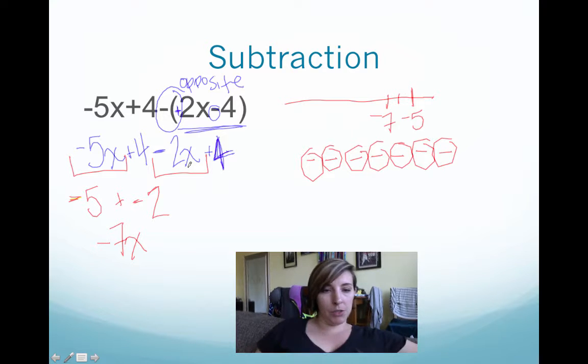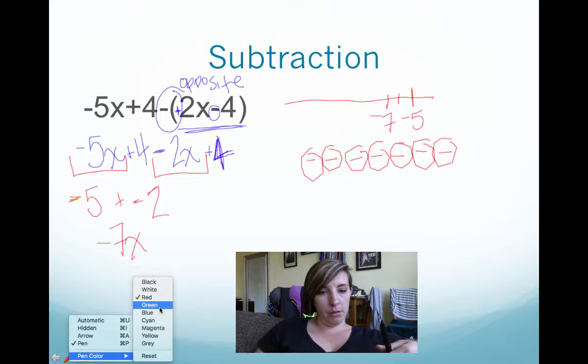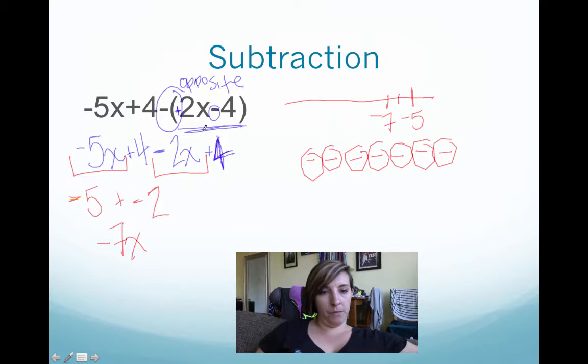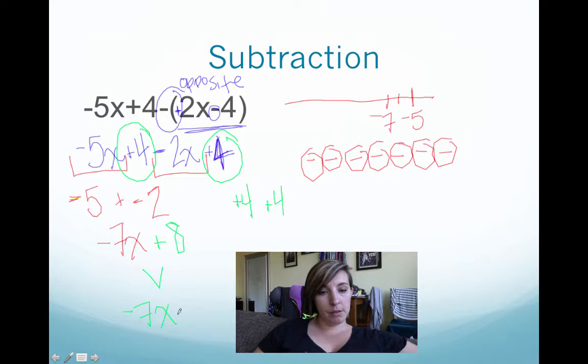And then I'm going to combine my terms without a variable, which are positive 4 and positive 4. So here I have positive 4 plus 4. 4 plus 4 is 8. So my final expression becomes negative 7x plus 8.